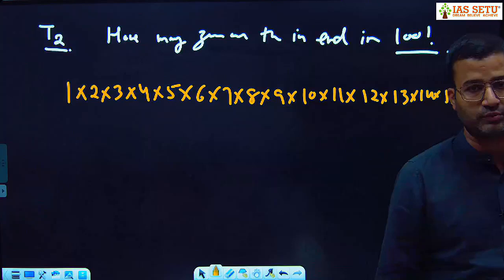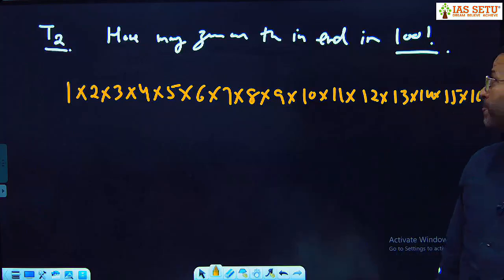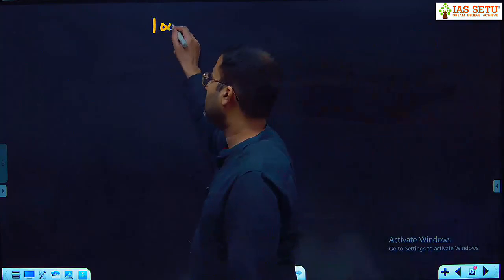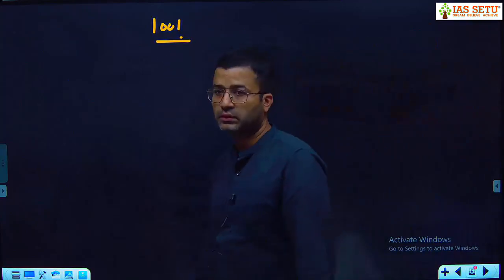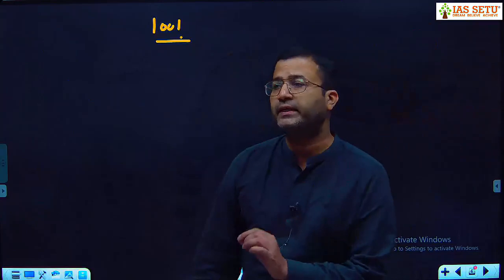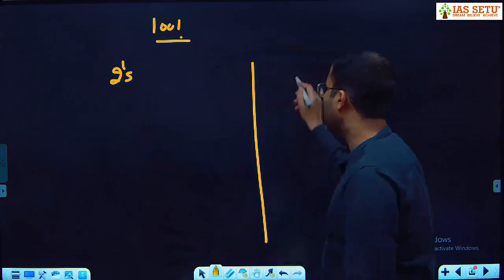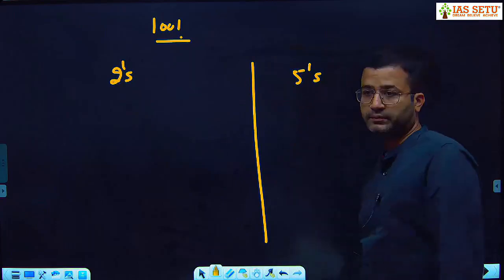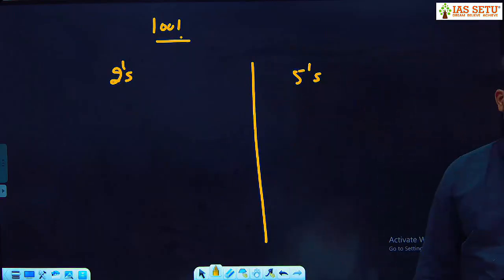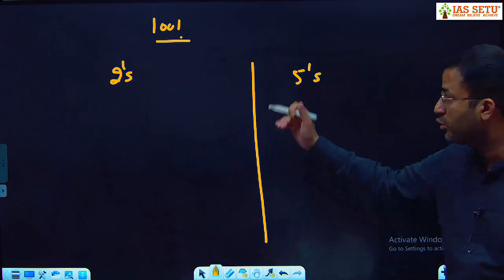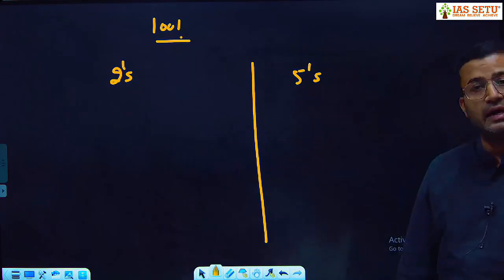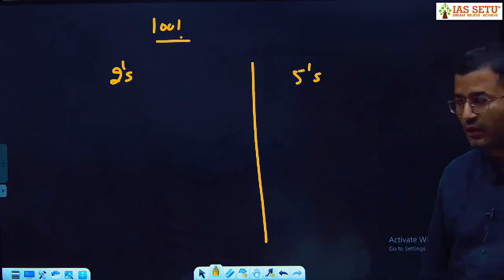We have a shortcut for factorial. But the concept here is, we are looking for how many 2s and how many 5s are there. Finally, यही तो निकालना है कि कितने 2 हैं, कितने 5 हैं. And the lesser number will decide.